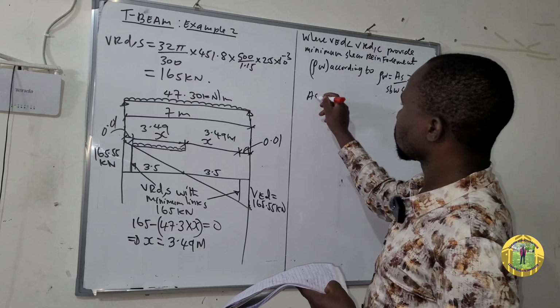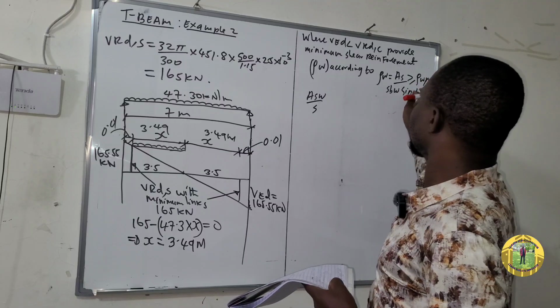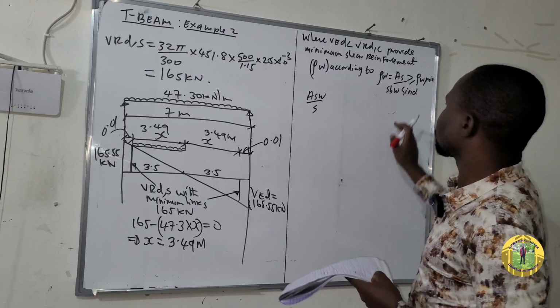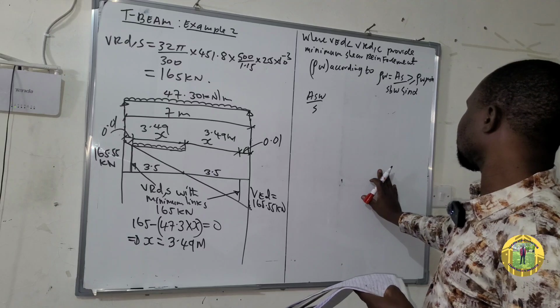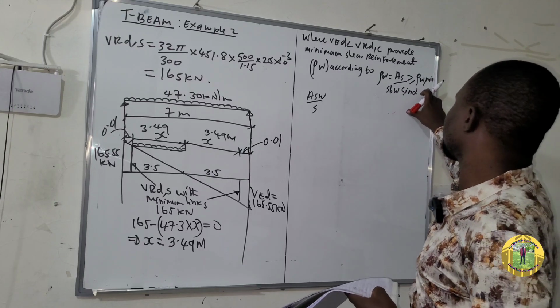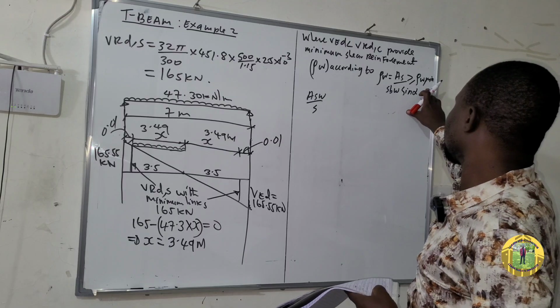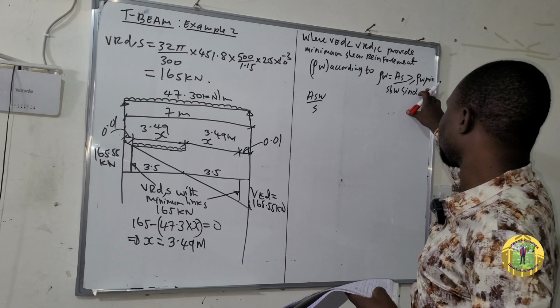So ignore this sign and make it an equal sign, such that ASW over S sin alpha is equal to the reinforcement minimum.